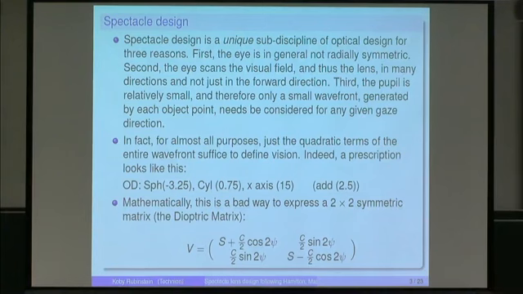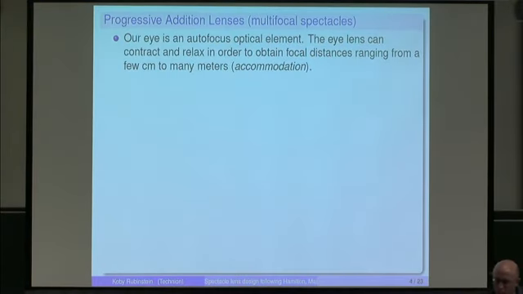So we get a prescription for each eye, they give you a 2x2 symmetric matrix, which is the quadratic form that you want the incoming wavefront to have, so you'll have good vision. So the goal of the design is to have a spectacle that will convert whatever comes into the eye into this quadratic form in every different gaze direction, which is essentially impossible.